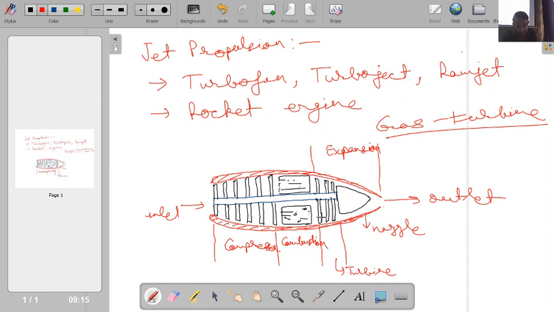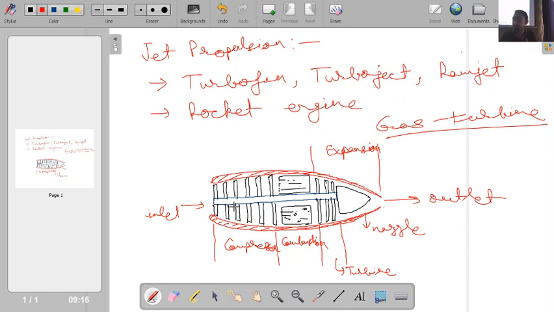So why are we using a turbine? Because whenever this compressor compresses the gases, it will require work input. So we consider the expansion in the turbine so that it is sufficient to provide the compressor work.